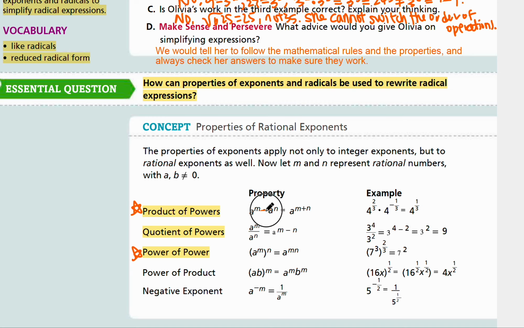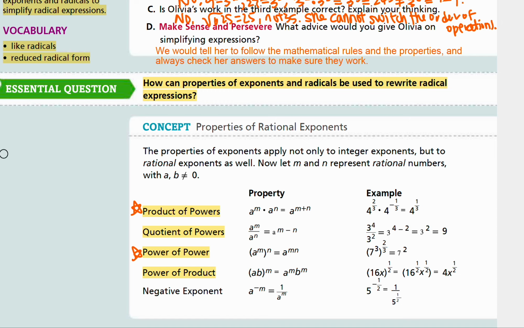They're on the same level, right? The powers. But if it's a power on a power, then you have to multiply the powers. Okay, that's very different. And then power of a product: if you have different bases with the same power, the power of a product property says that you can multiply the bases and combine them.